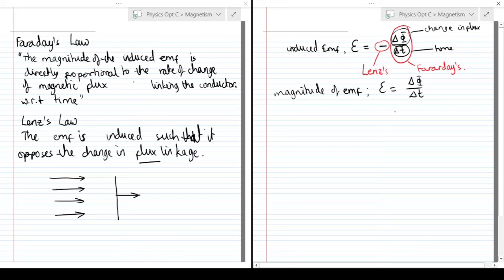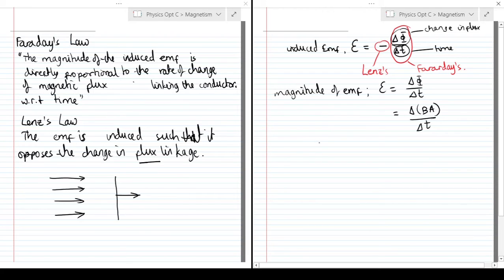Now, delta phi itself, remember phi is BA, right? So you have delta BA divided by delta t, the time taken. Once this quantity BA changes, you have the generation of the EMF, and delta BA divided by delta t gives you the magnitude of the EMF induced.